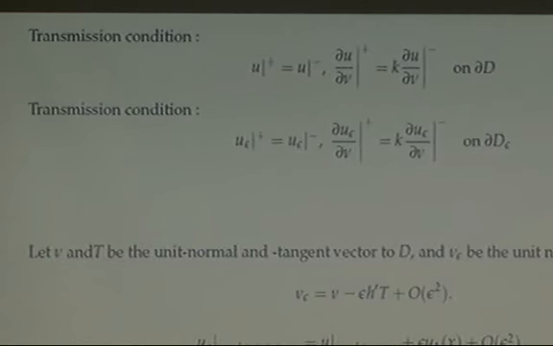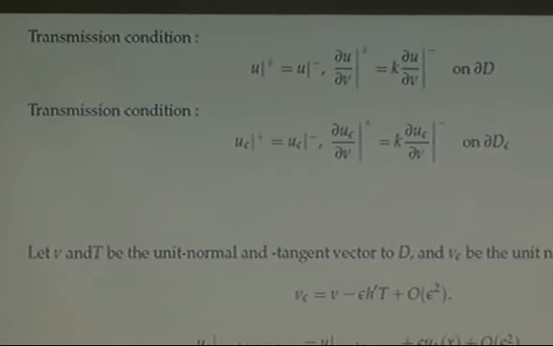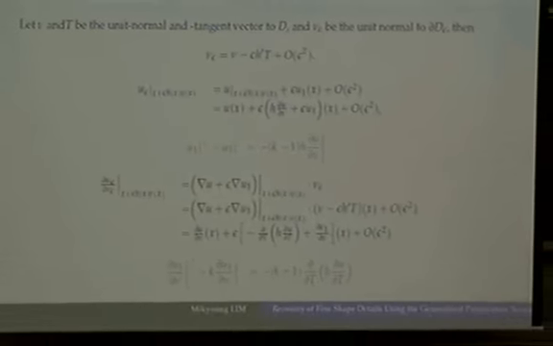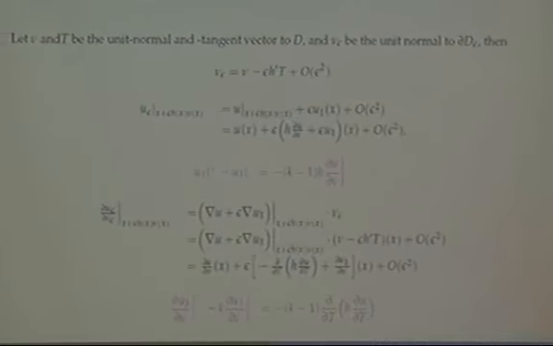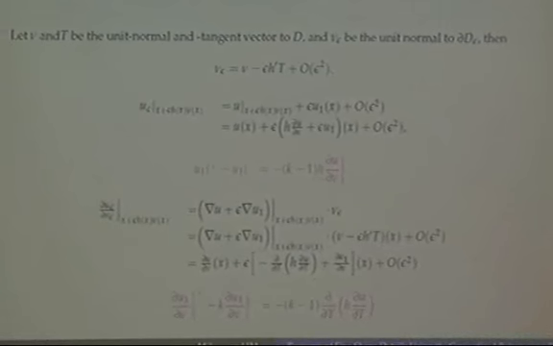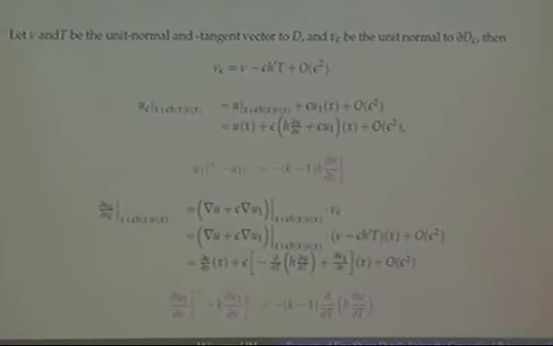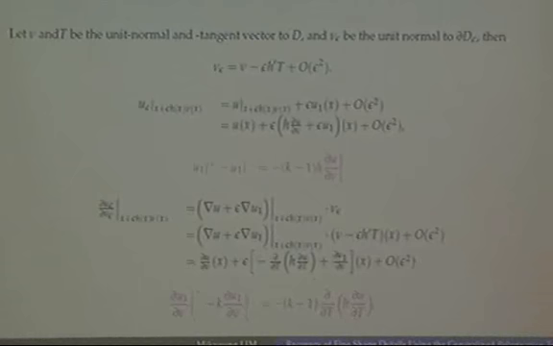Then you get these two Dirichlet and Neumann conditions for U1. To remind, U1 was the first order, the leading order perturbation. So U epsilon is U plus epsilon U1.